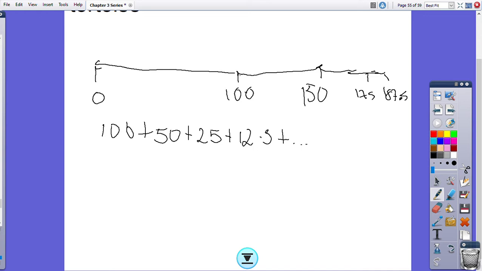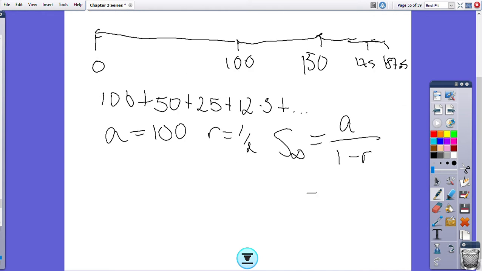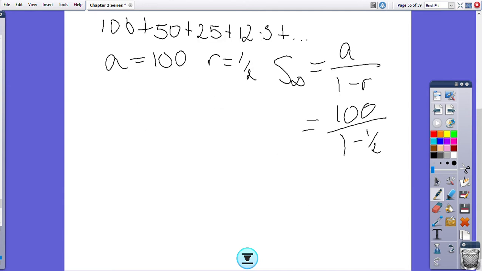So we can see here that A is equal to 100, R is equal to a half, then the sum to infinity is A over 1 minus R, which is going to be 100 over 1 minus a half. 1 minus a half is a half, so it's 100 times by 2, which is 200. So this kind of math wasn't available to Zeno at the time, but it is a modern solution to this.